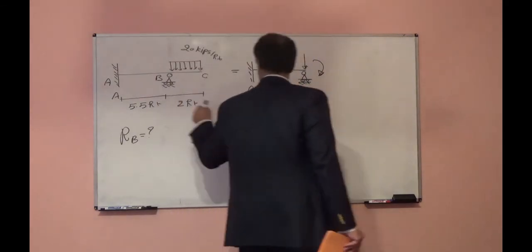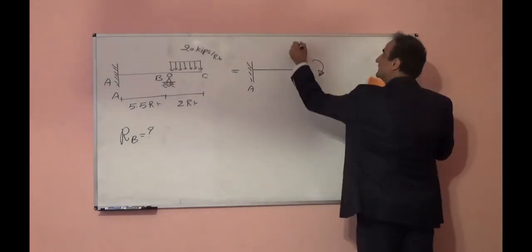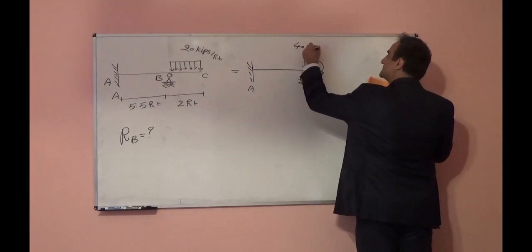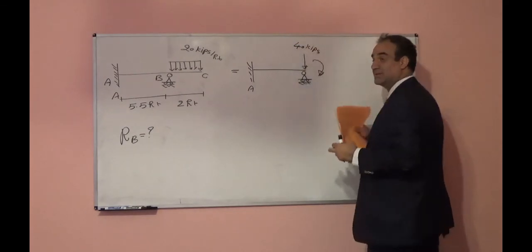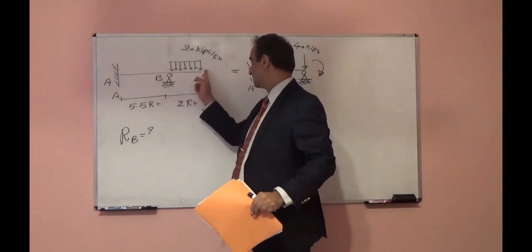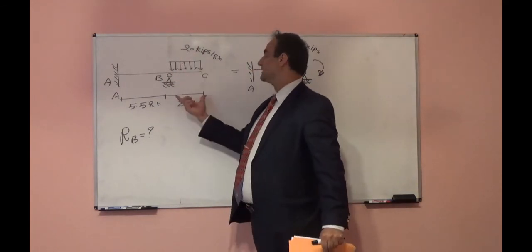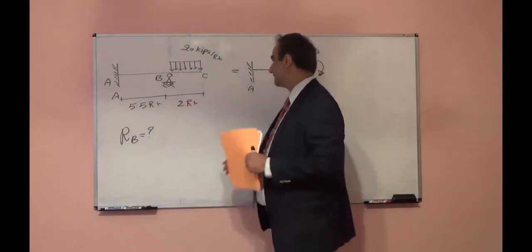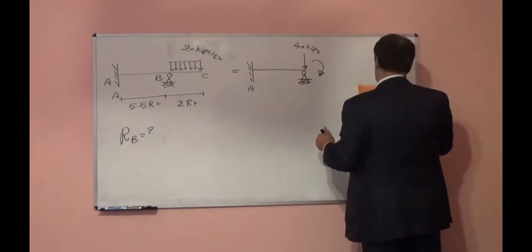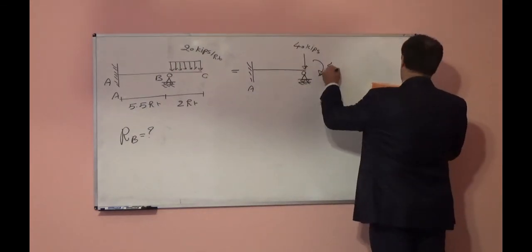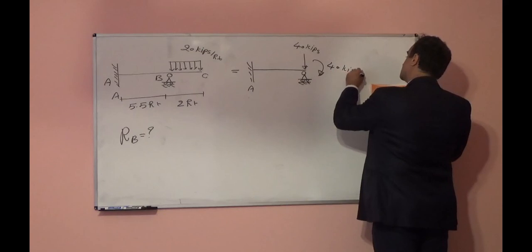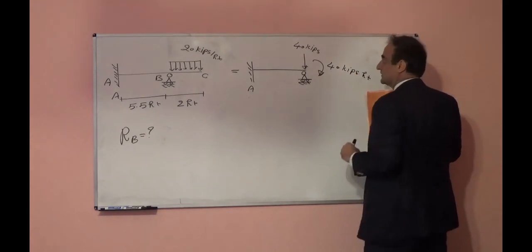It will be 20 times 2, it will be 40 kips. Moment will be the resultant moment for this. It will be 20 times 2 times 1. That will be 40 kips feet.